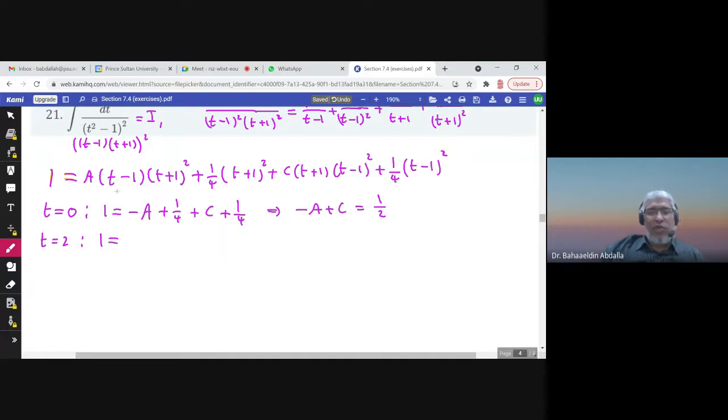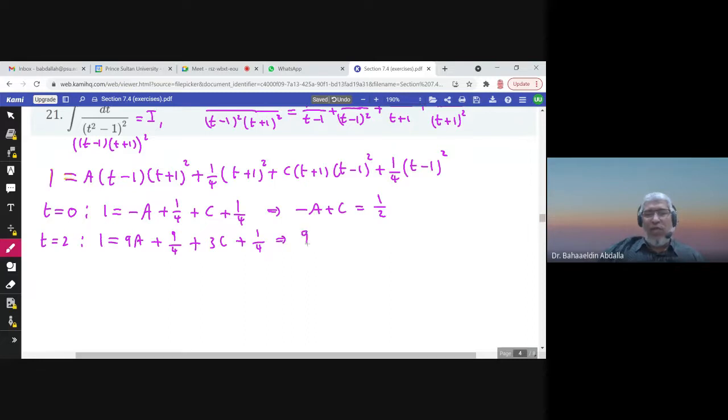So 1 is equal to 2 minus 1 is 1. 2 plus 1 is 3, squared 9. So I have 9a. 2 plus 1 is 3 squared, 9 over 4. 2 plus 1 is 3, and 2 minus 1 is 1, so 3c. 2 minus 1 is 1, squared 1, so 1 over 4.